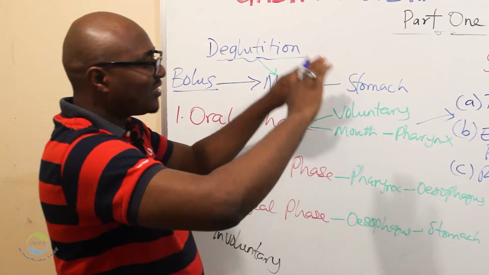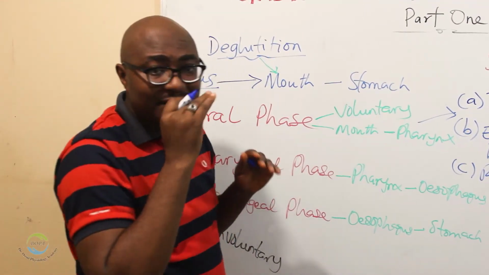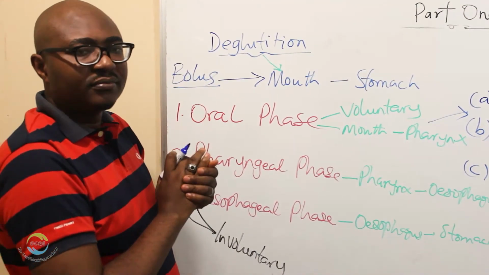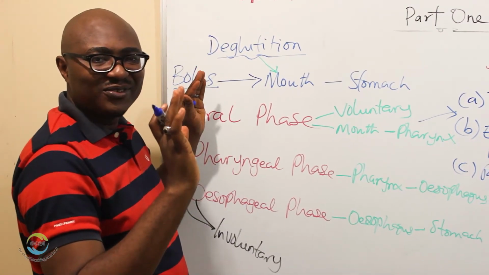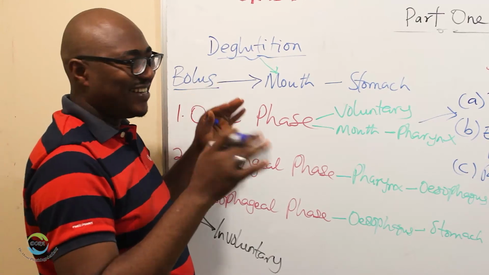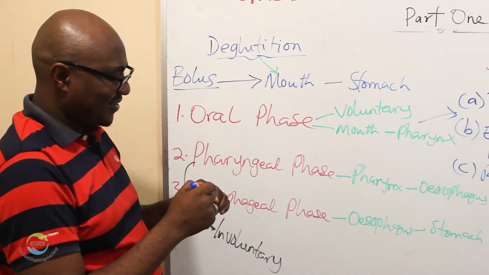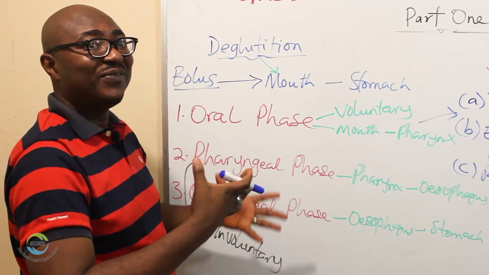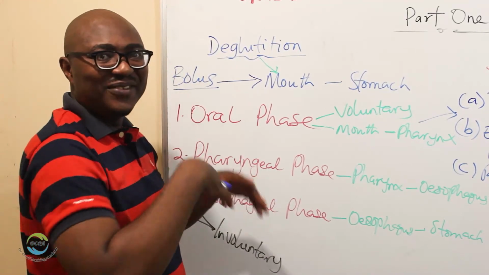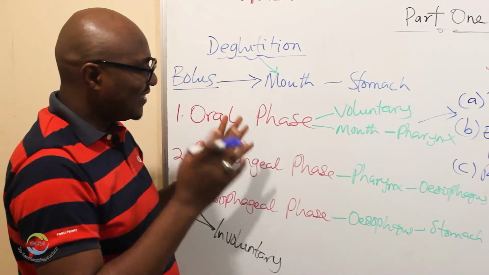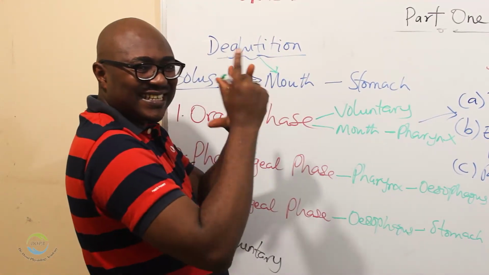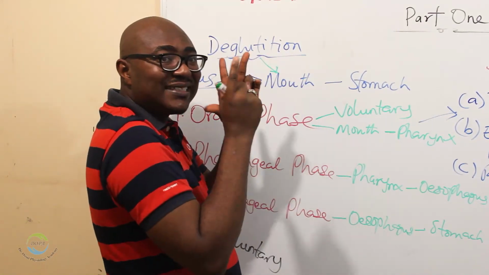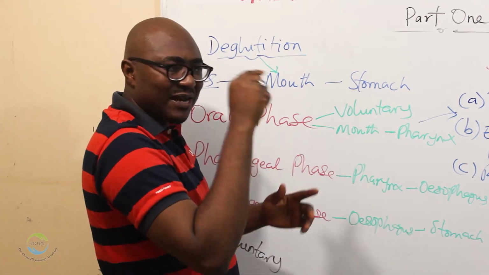So once the food has entered the pharynx, it's no longer under your control. The autonomic nervous system and the swallowing reflex take over. Reflexes are controlled by centers in the brain. There's a swallowing center in the medulla.